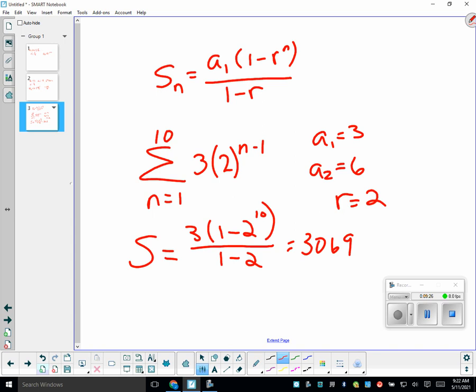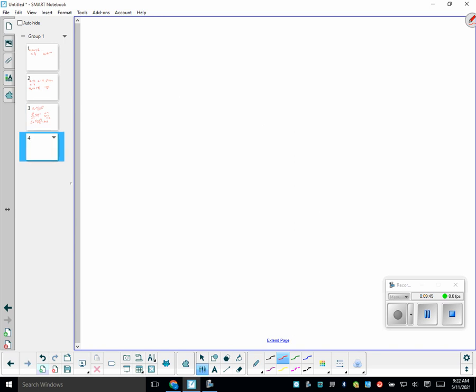To find the sum of an infinite series, first of all, R has to be between -1 and 1, not including. All right? I'll give you a formula for this. It's even an easier formula.